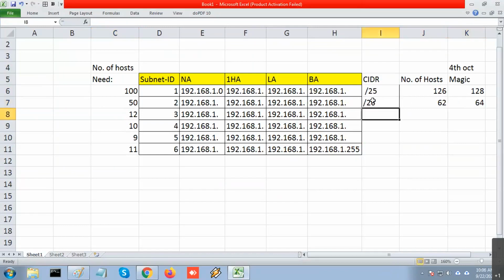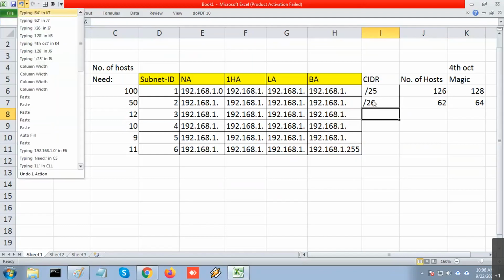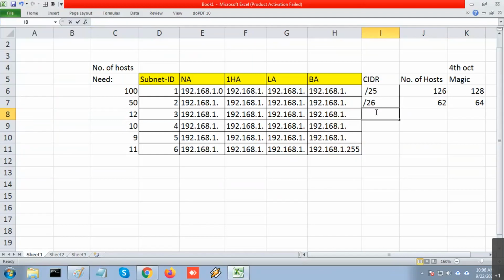Now, next, 12 hosts. The CIDR would be /28. Okay. Number of hosts is 14. Magic number?